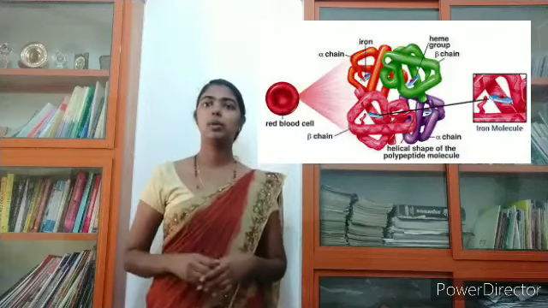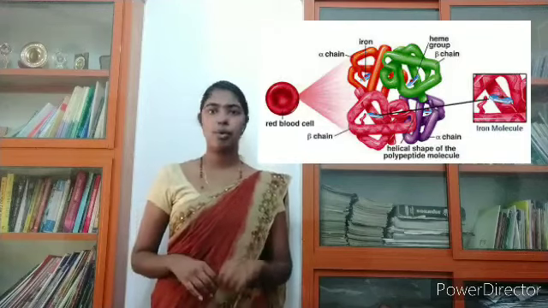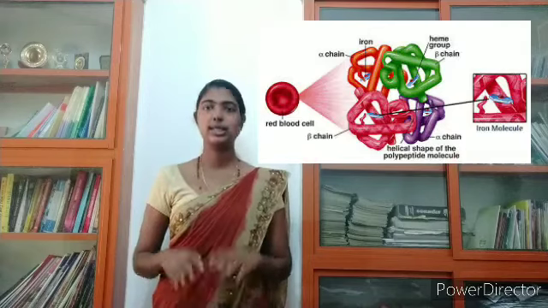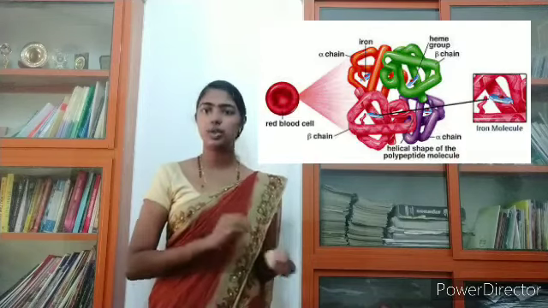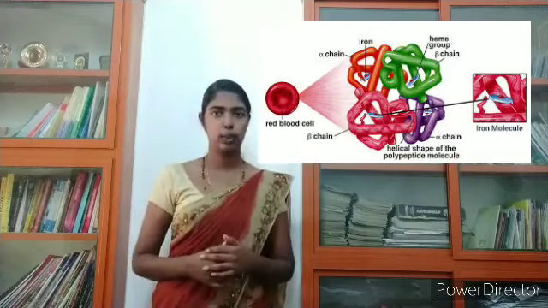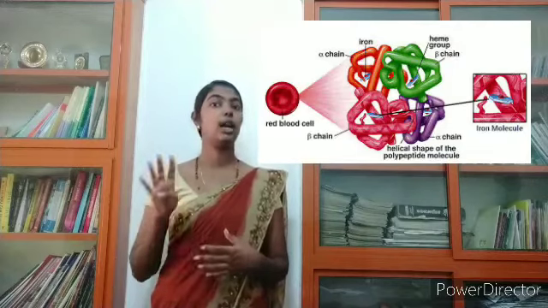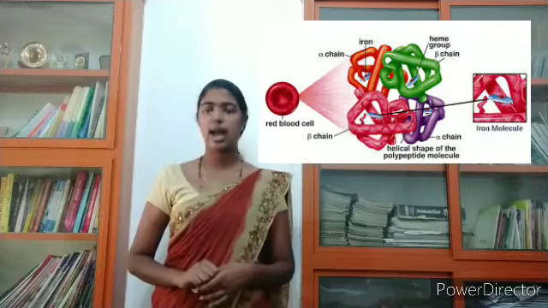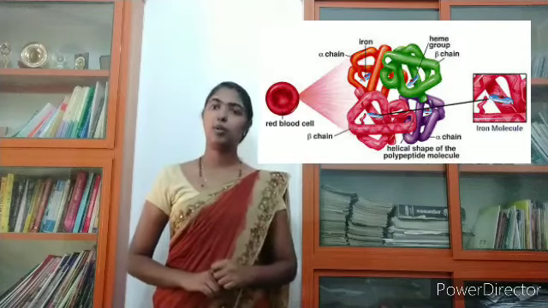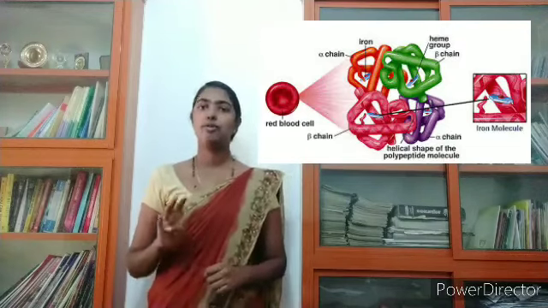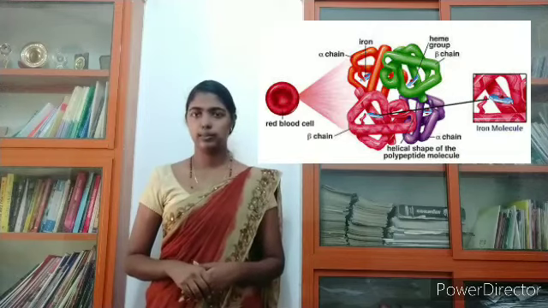Since oxygen is attached to iron present in the heme unit, and we have 4 protein strands, a hemoglobin molecule can carry 4 oxygen molecules.